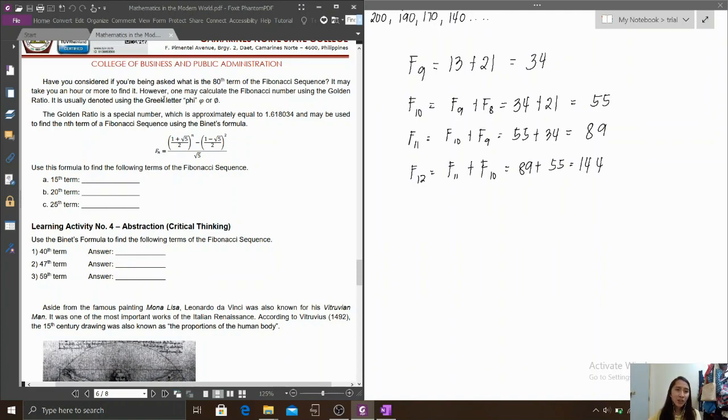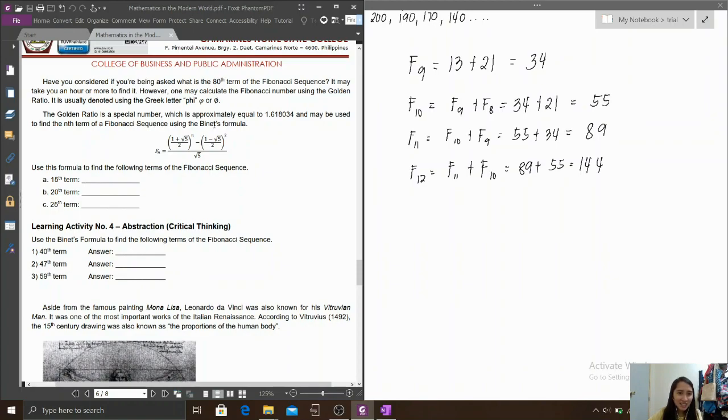However, you can calculate the Fibonacci number using the golden ratio. So, this is the Binet's formula. This one here is read as Binet.